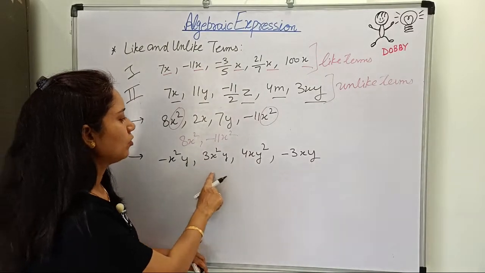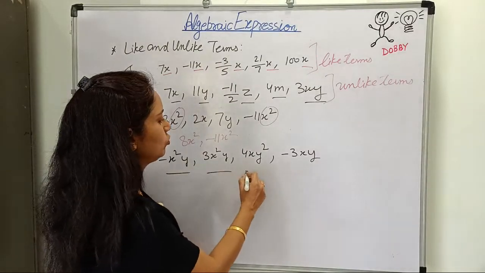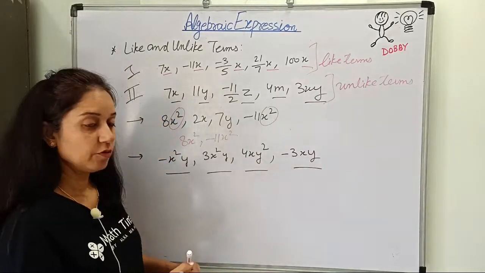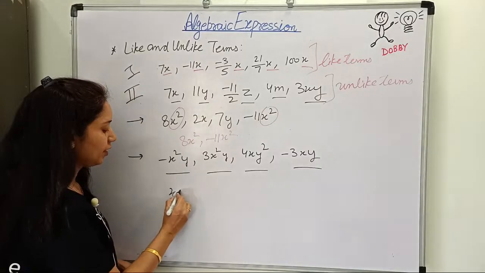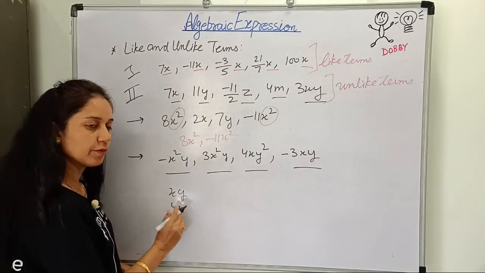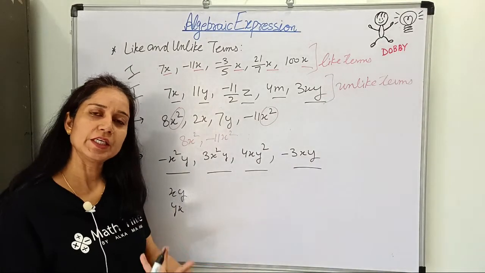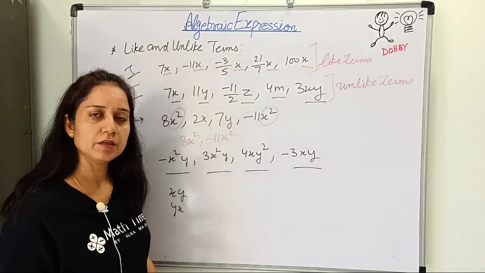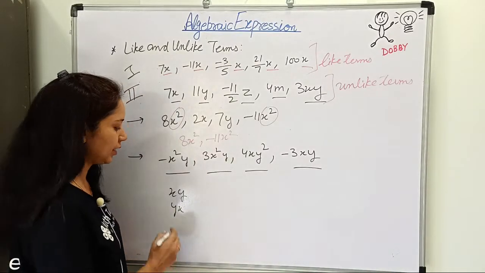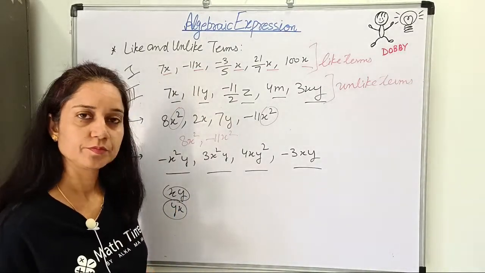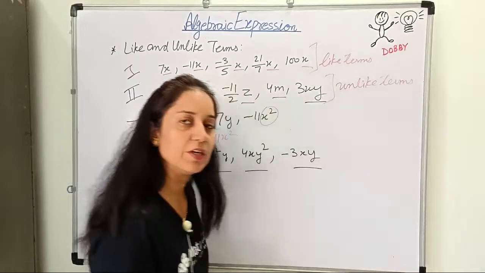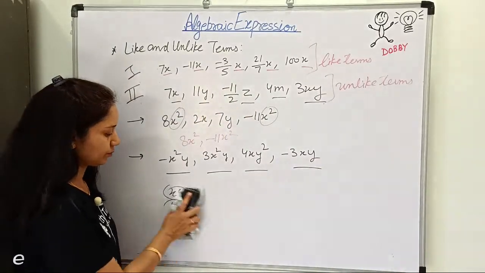Now tell me, out of these four, which are the like terms? See, if we say xy or yx, both are the same. In multiplication, the order of the numbers does not change the answer, right? It remains the same, so xy or yx, both are the same. So they will be considered under like terms.